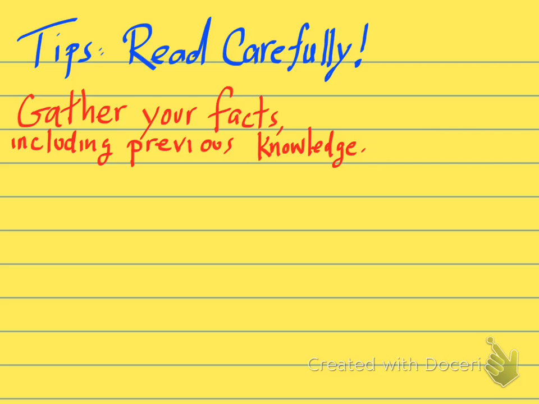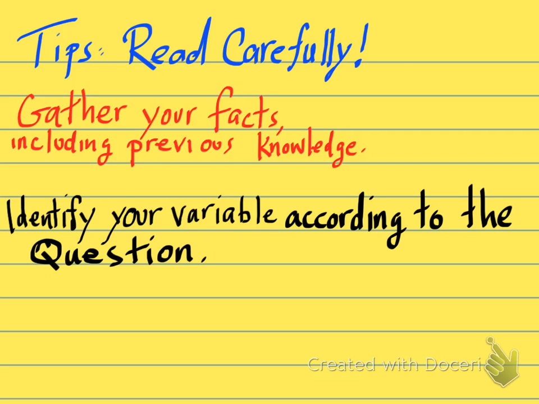That can be very important there and can sometimes be the key that ties things together. The next thing, very, very important to identify explicitly what the variable is for your equation. And if you're in any doubt, just reread the question itself, and that will guide you to what the variable should represent. So identify your variable according to the question that you are answering.